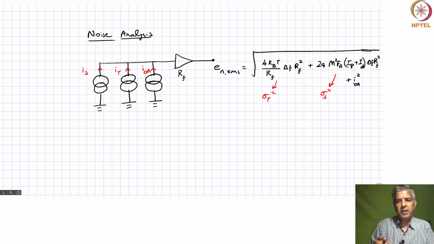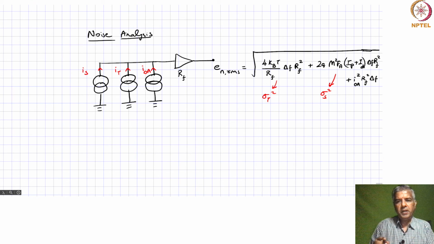Here the op amp characteristics are typically represented in terms of the current noise density. That's what I_OA corresponds to: the current noise density of the op amp. So R_F square multiplied by delta f.